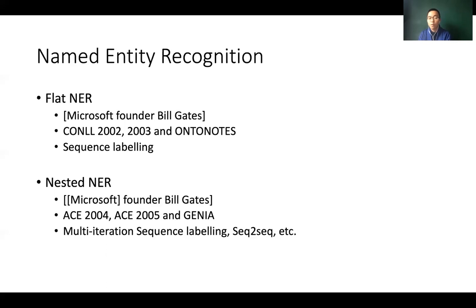This time we give the mentions to the system and ask it to label those mentions, so the system can label Microsoft as a different mention. In this way, it is done iteratively, and eventually you can label all the nested mentions.